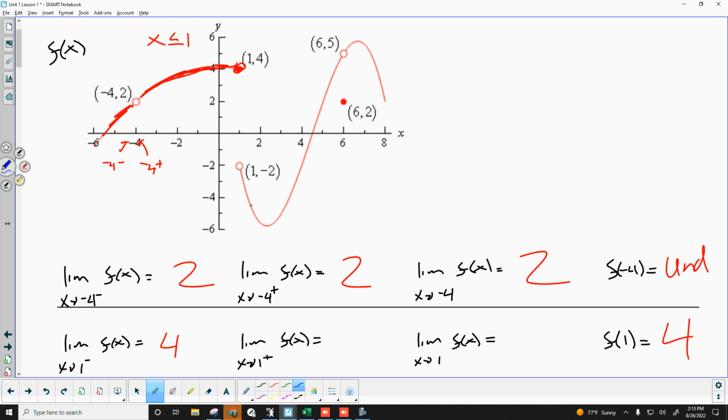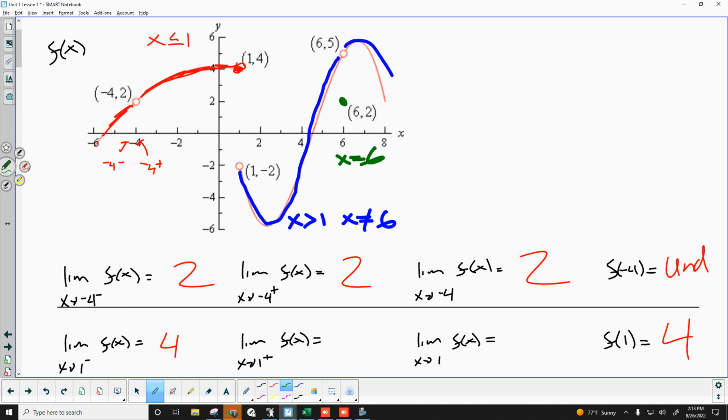If I'm to the right of 1, though, I'm at this piece, and this piece is being used for x's that are greater than 1, not greater than or equal to, just greater than 1. But this piece is not used at 6; at 6 we're using the point 2.